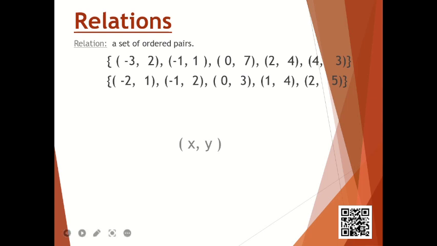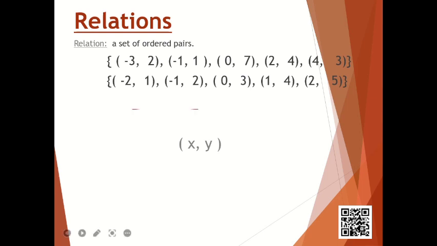Yung mga pinagsama-samang ordered pairs gaya ng (-3, 2), (-1, 1), (0, 7), (2, 4), (4, 3), these are called a relation. And same with this another set of ordered pairs, they're called relations.